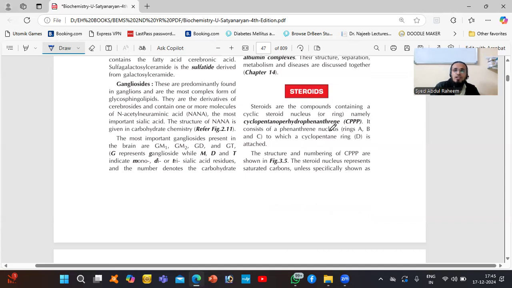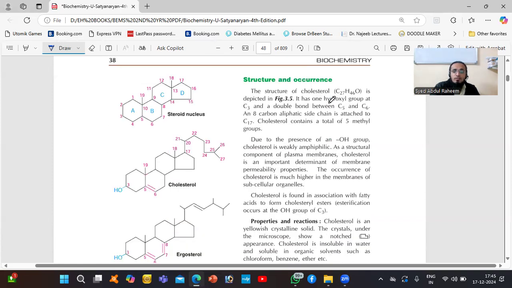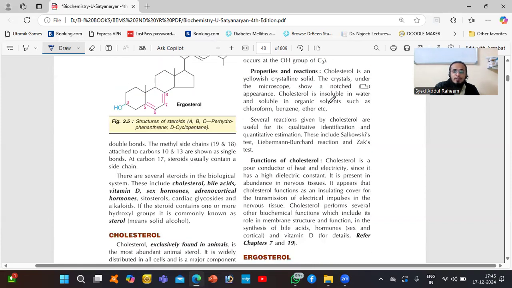Steroids. Steroids are compounds containing a cyclic steroid nucleus, namely cyclopentanoperhydrophenanthrene. It consists of the phenanthrene nucleus. Okay, this is the structure of steroid. Steroids also develop with the help of fat.